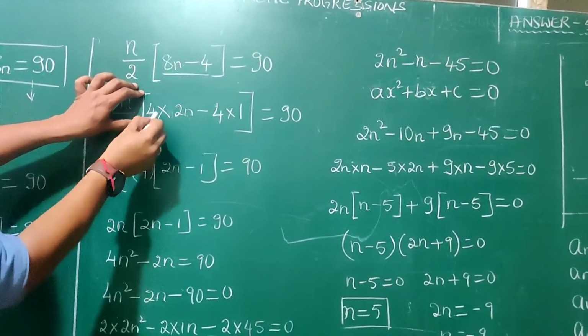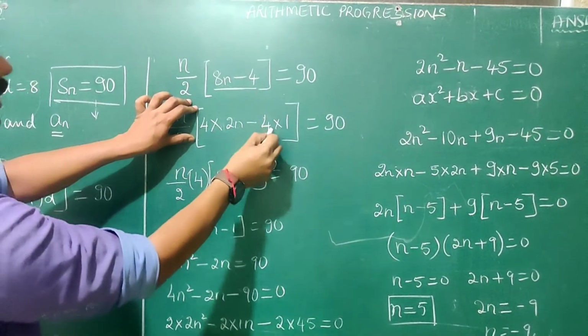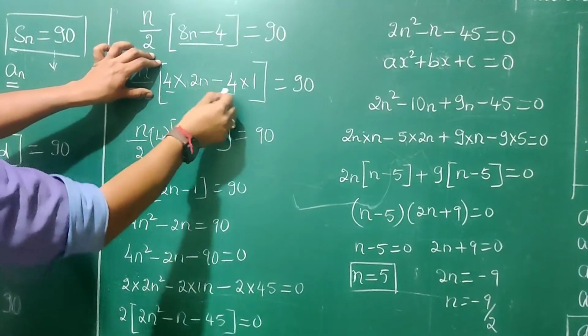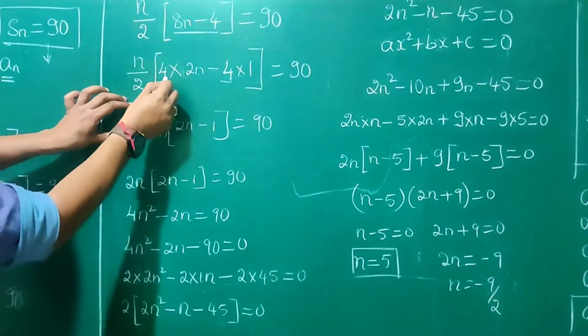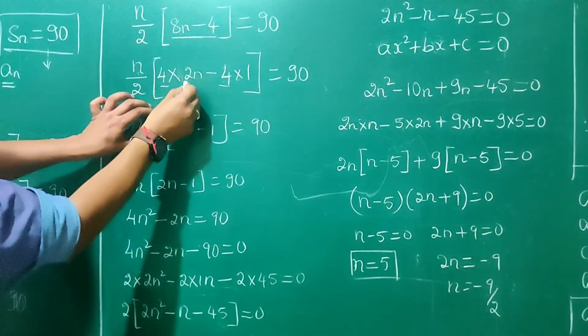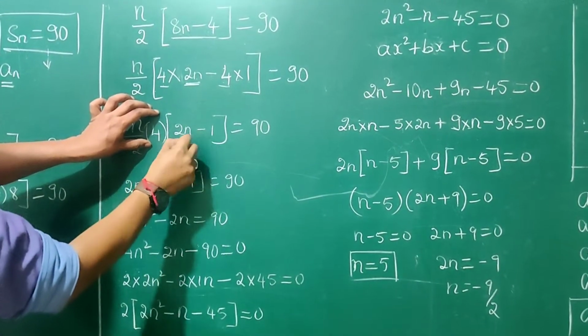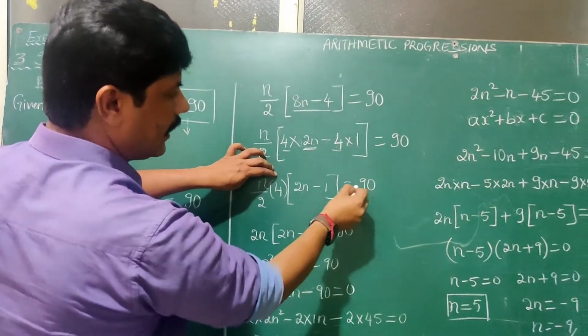So 8N is split into 4 into 2N, minus 4 is nothing but 4 into 1. Now 4 and 4 remain common. Remove it outside, so that N by 2 into this 4 is removed outside. What is remaining? 2N minus 1. 4 is removed outside, is equal to 90.